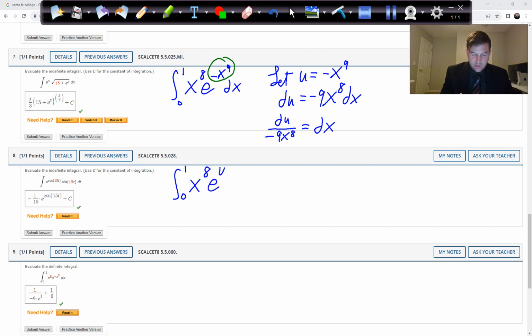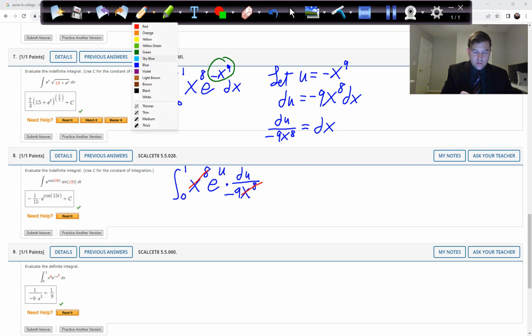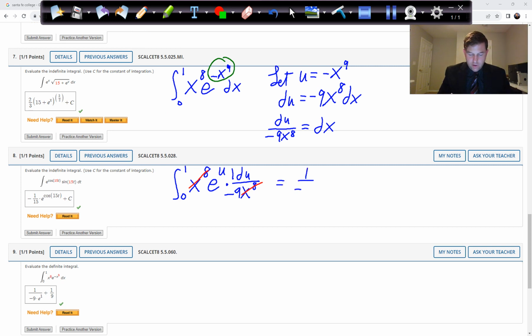This is now e to the u. And dx is now du over negative 9 x to the 8th. And as we suspected, x to the 8th on top, x to the 8th on bottom will cancel. Let's put a placeholder 1 there just so we can see the fraction come out easier. This will be 1 over negative 9, 0 to 1, e to the u du.